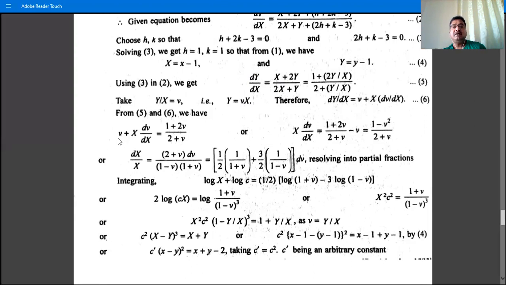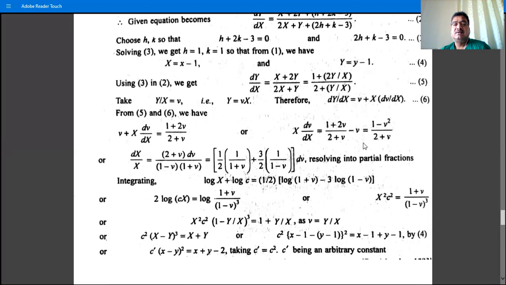And then after shifting this v to the RHS, we have x dv by dx is equal to 1 plus 2v divided by 2 plus v minus v. Then take 2 plus v as LCM. So 1 plus 2v minus v in brackets, v plus 2v, simplifies to 1 minus v square divided by 2 plus v.